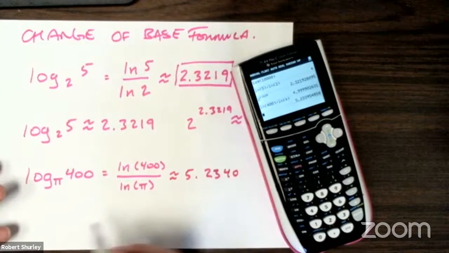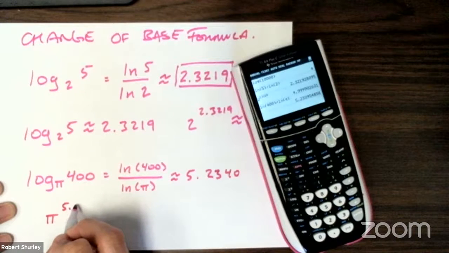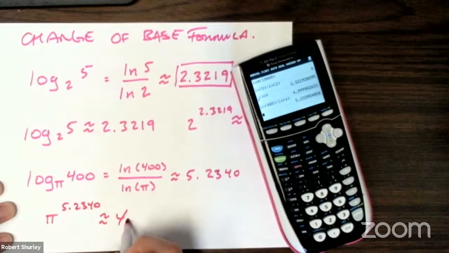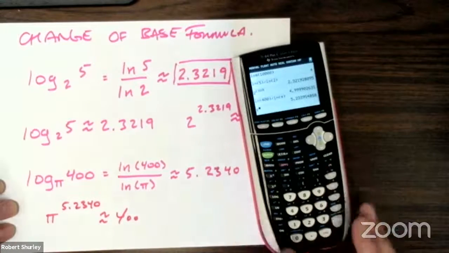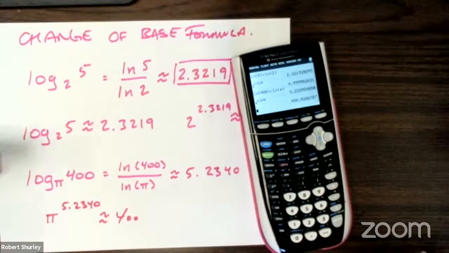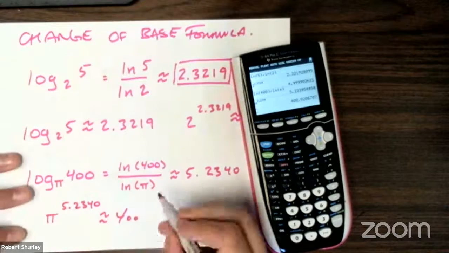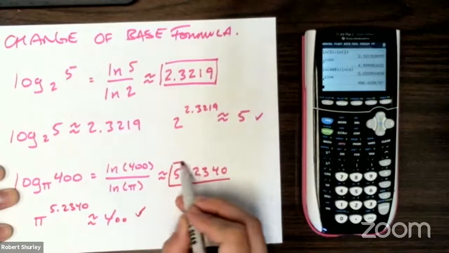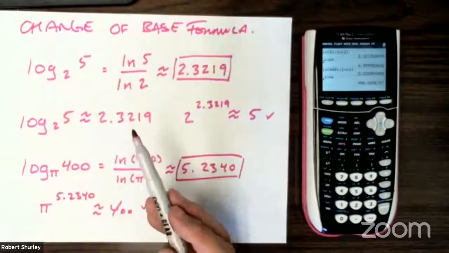And again, if I want to check it, pi to the 5.2340 should be roughly 400. Okay, I'm going to check that. Pi raised to the 5.2340. Yeah, 400.02. That's pretty close. Okay, that checks out. So therefore, that is my approximation.